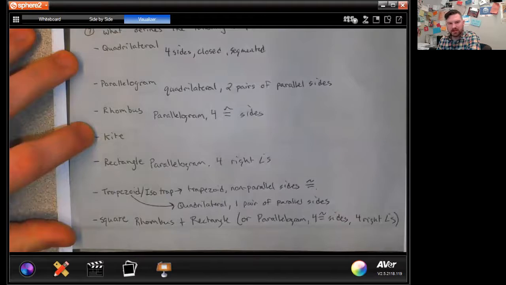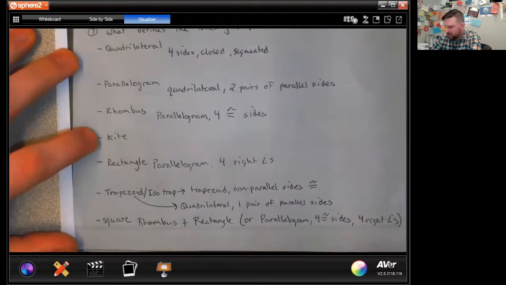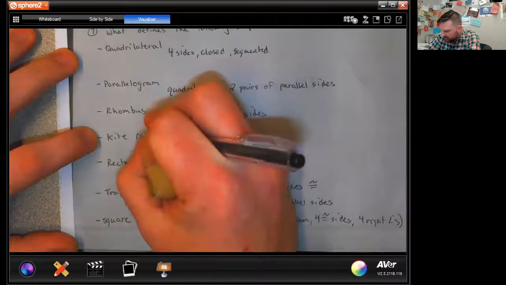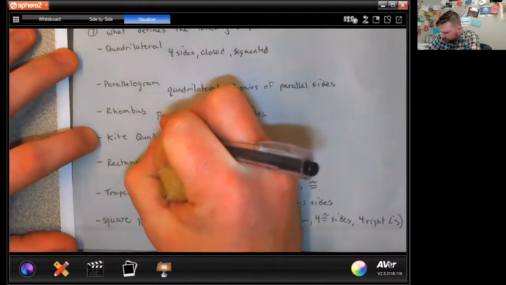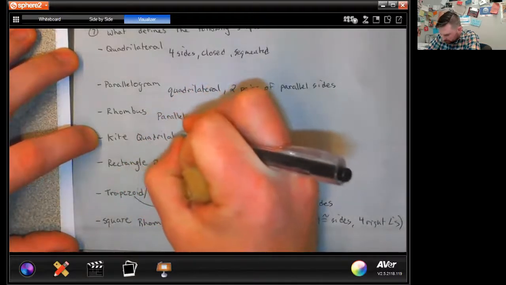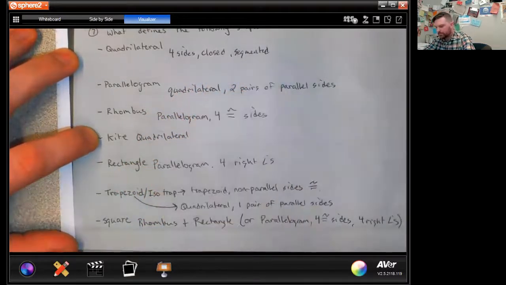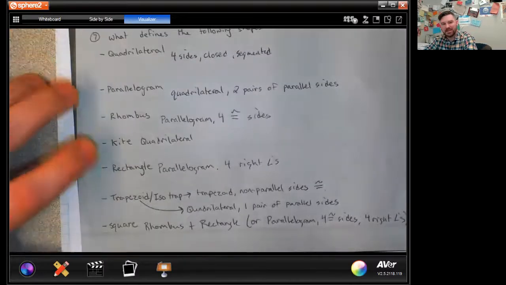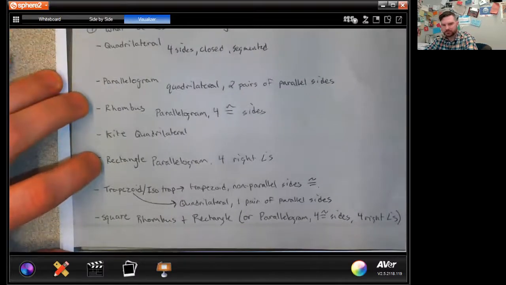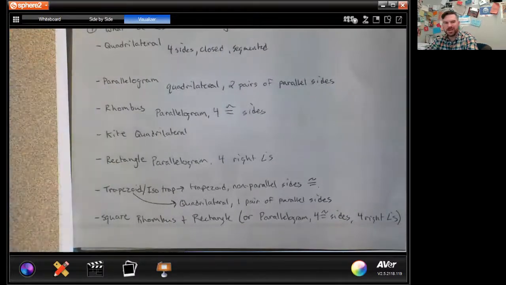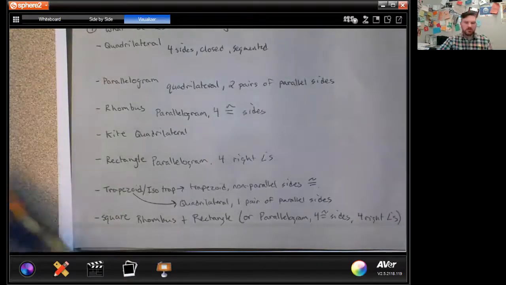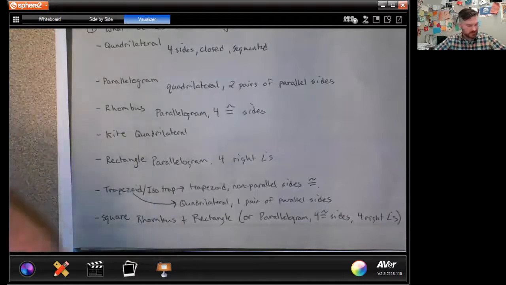We don't deal with kites a whole lot, but we have seen them. So a kite is a quadrilateral. It doesn't have any parallel sides, but what it does have are consecutive, 2 sets of consecutive congruent sides.